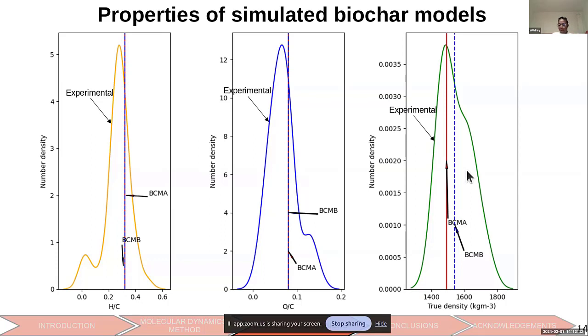One of the reasons we are using true density is that the true density is independent of the porosity or any pores in the system. So we're able to know whether our structure is really good. The true density gives us information on the structure. If we get a true density which is good, then it most probably means that our models are more or less representative in terms of structure of the biochars we're trying to model.